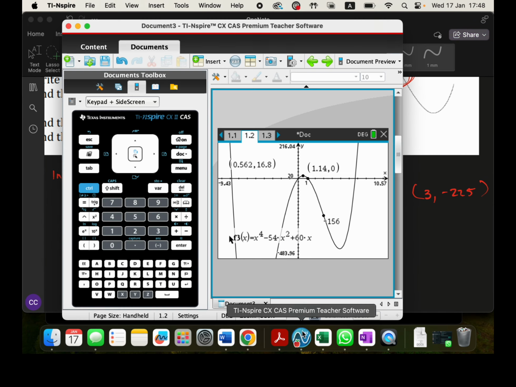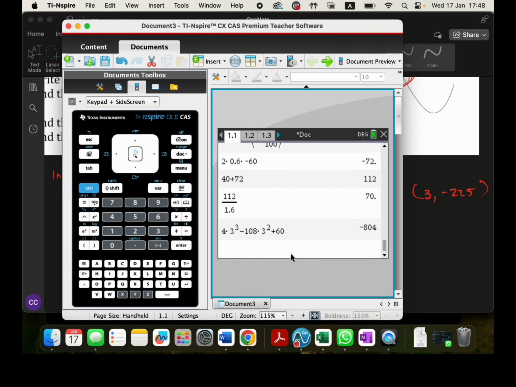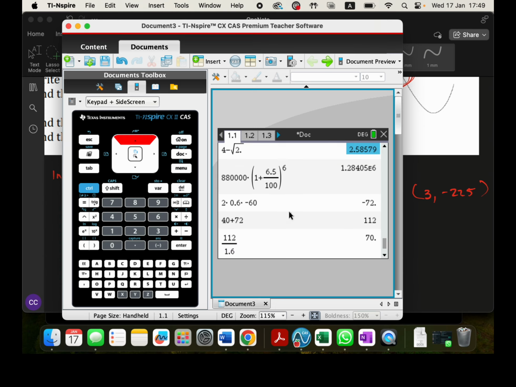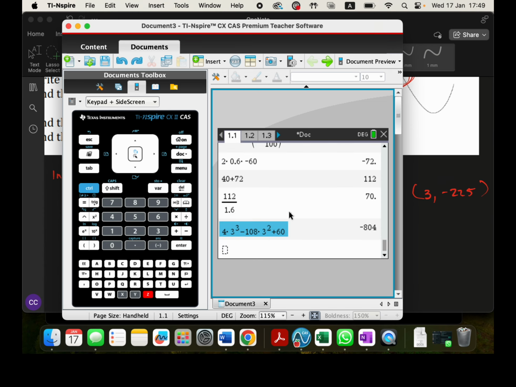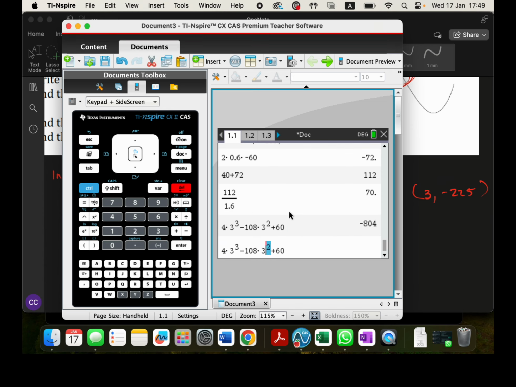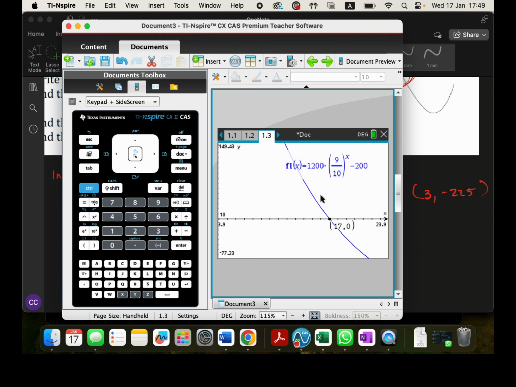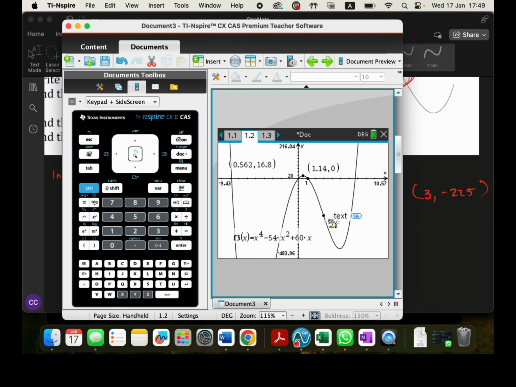Oh, because it's 108. I screwed it up here. I did 108, I did 3 squared. Haha. I screwed that up. I want that to be 108 times 3. So negative 156. And that's what we saw when we looked at it here on our graph. We had negative 156. Okay, hope that's helpful.